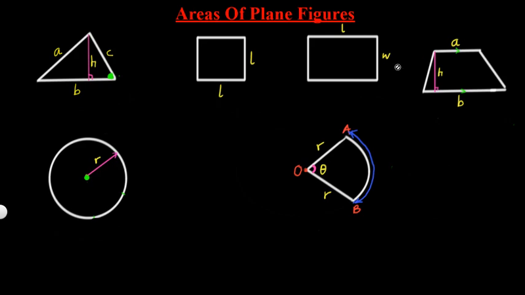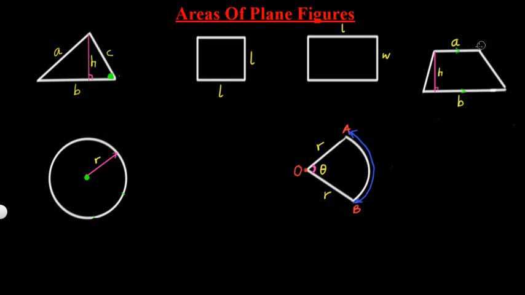When you place an object on a surface, the total space occupied by such object on that surface is what we call the area of that object. Say for example, you place your book on your table.